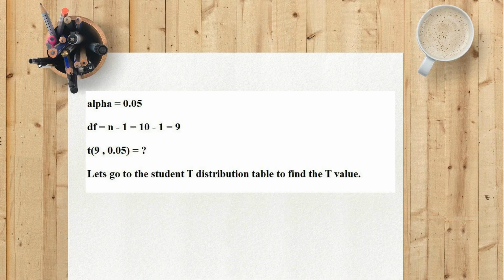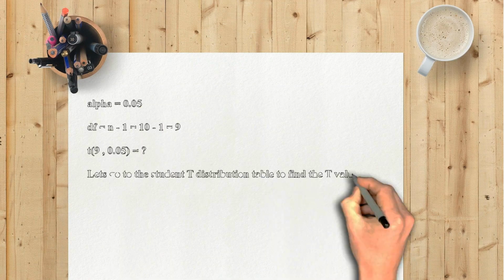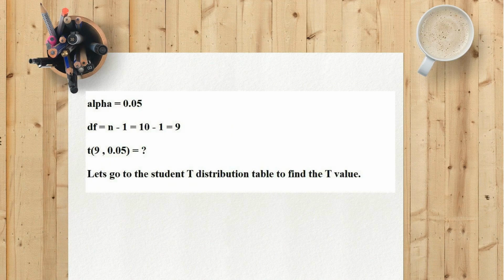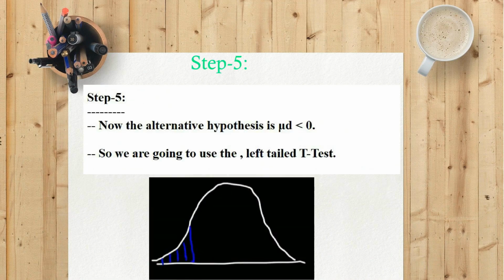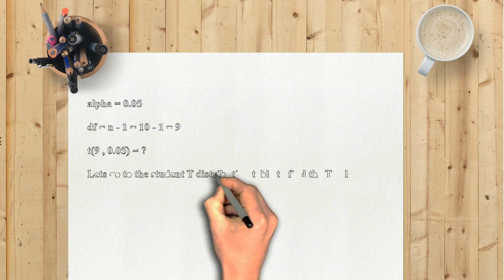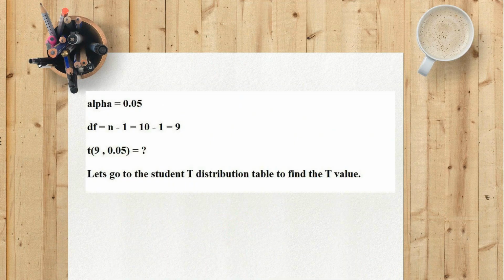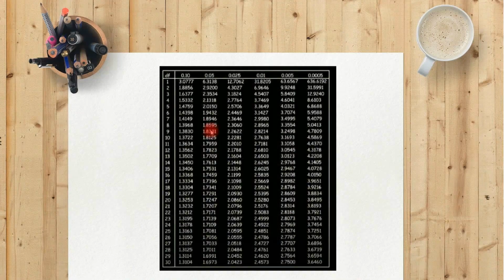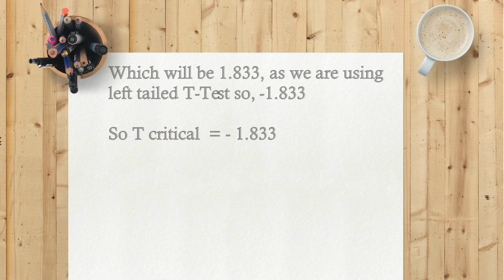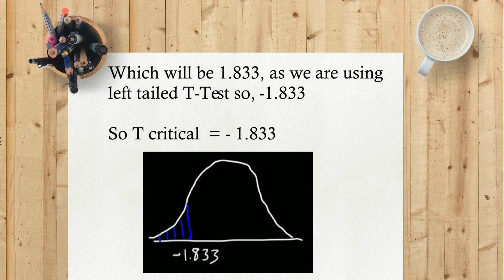Alpha equals 0.05. df equals n-1 equals 10-1 equals 9. t(9, 0.05) equals, let's go to the student t distribution table to find the t value, which will be 1.833. As we are using a left-tailed t-test, so minus 1.833. So, t critical equals minus 1.833.